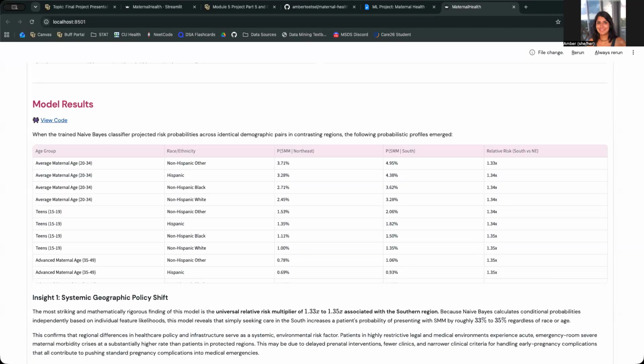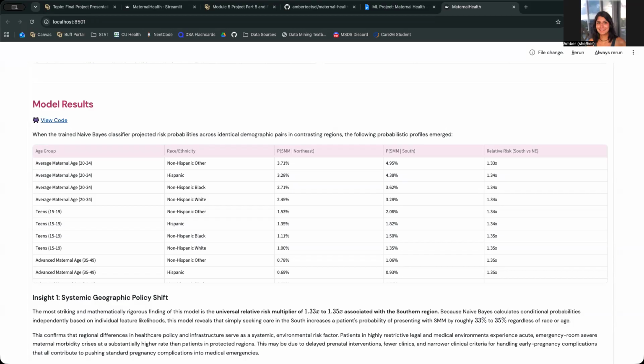This brings me to one of the most important models in the project, the emergency room conditional probability model. I trained a categorical naive Bayes model on emergency department records to calculate the exact probability of a patient presenting with severe maternal morbidity, or SMM, based on where they seek care, their age, and their race.